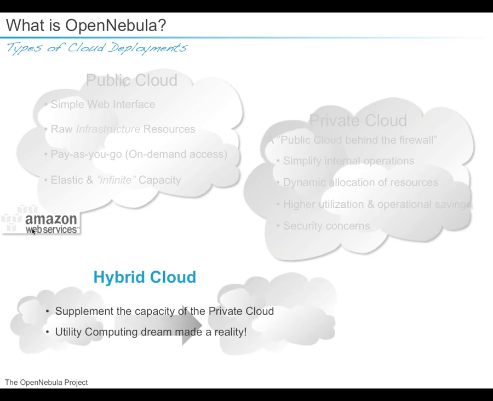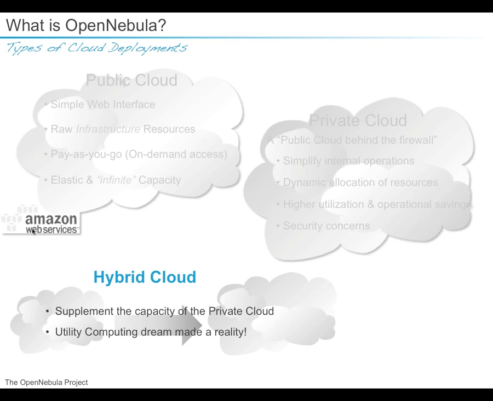Another type of cloud that can be built with OpenNebula is the hybrid cloud, which basically allows you to supplement the capacity of the private cloud using a public cloud. So imagine you have a private cloud where you run some services, and there's a sudden increase in the demand for that service.